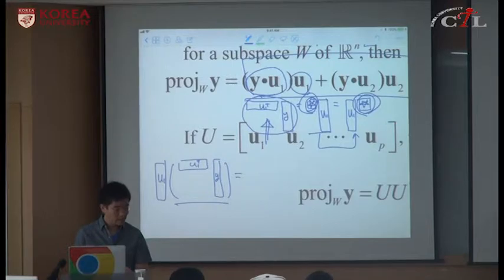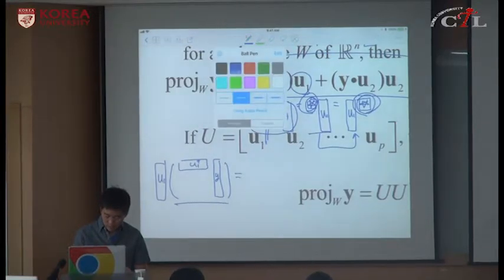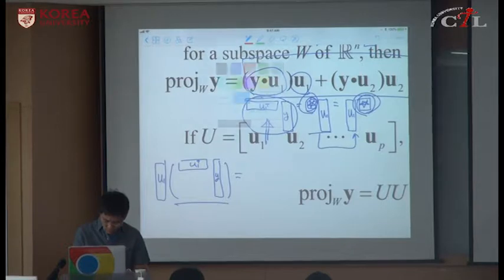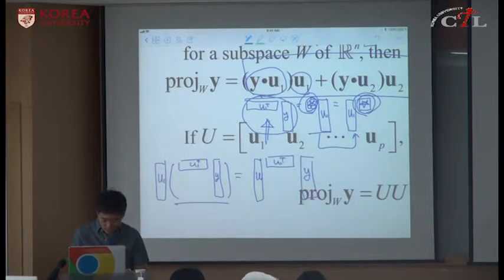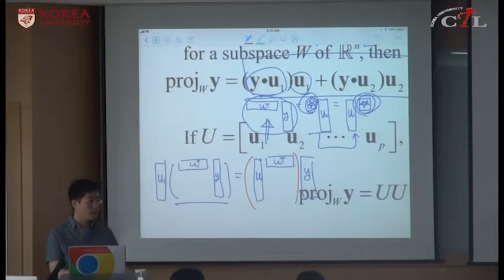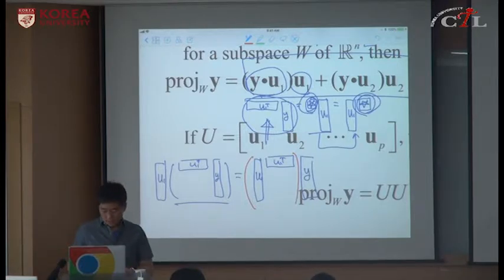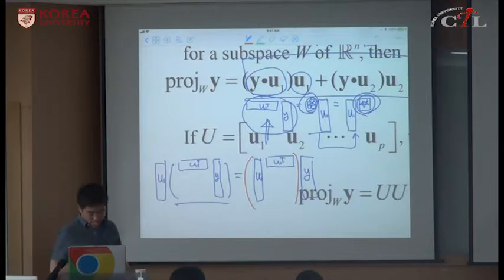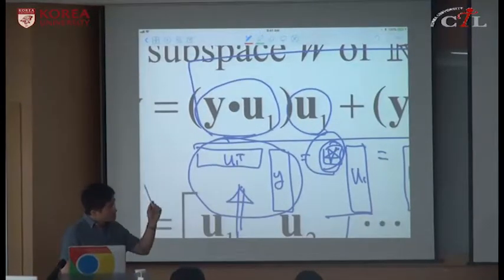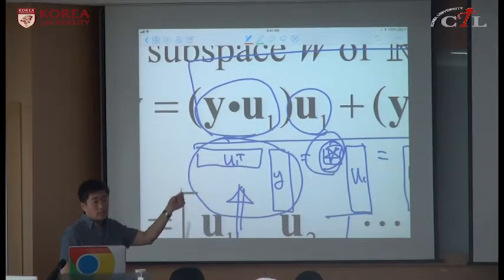Here, can we change it into this form: u1 and u1 transpose and y, putting the parentheses over here? From this manipulation, initially in this part we perform the inner product and produce a scalar value, and that scalar value is multiplied with our column vector u1, right?